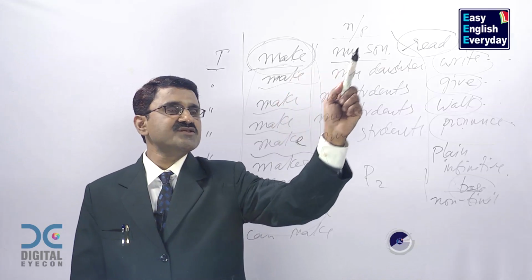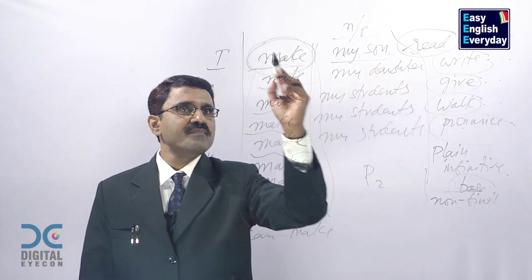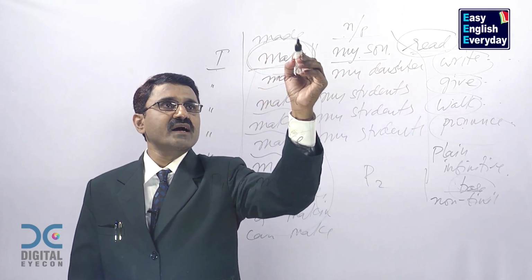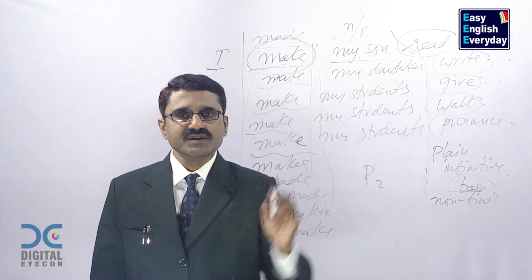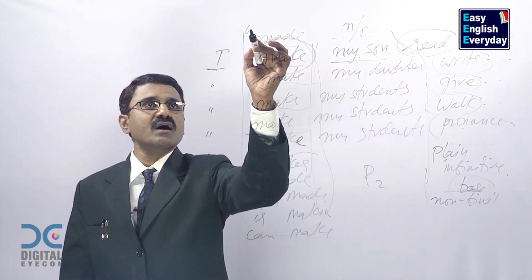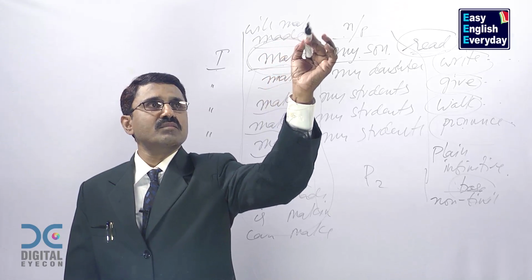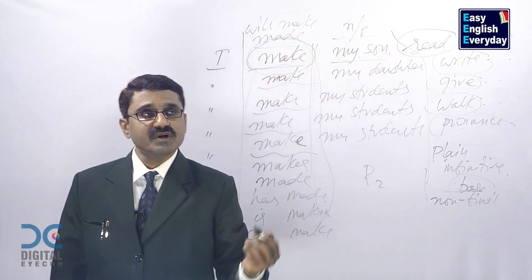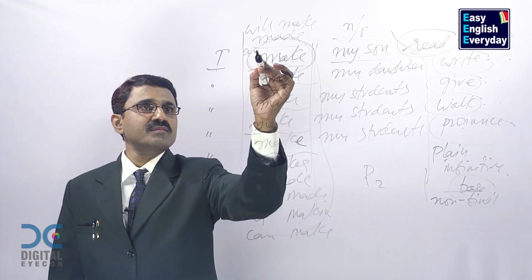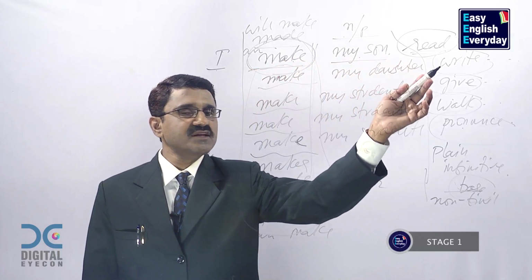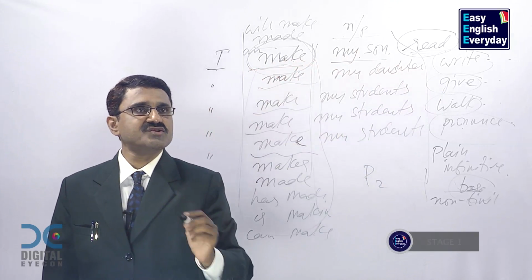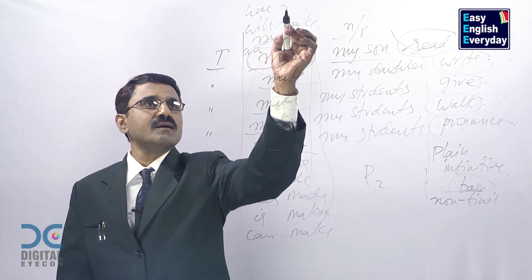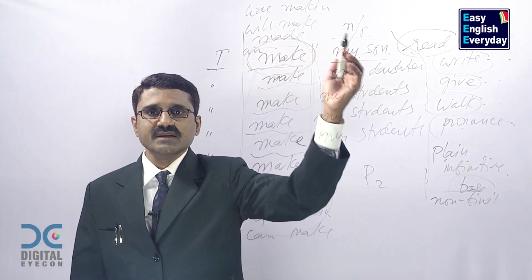Just look at this example. I make my son read the newspaper. Present tense. I made my son read the newspaper. Past tense. I will make my son read the newspaper. Future tense. I am making my son read the newspaper. Present continuous tense. I was making my son read the newspaper.